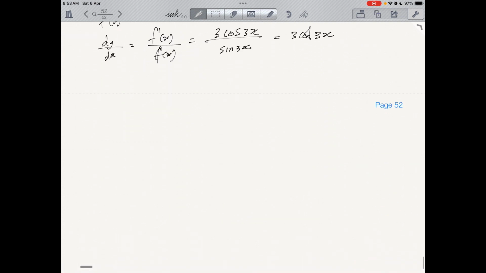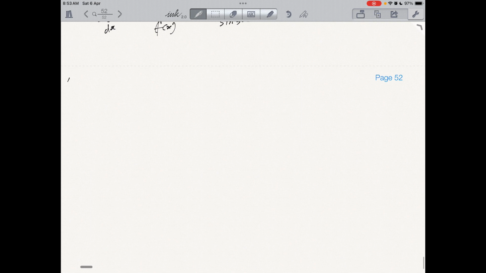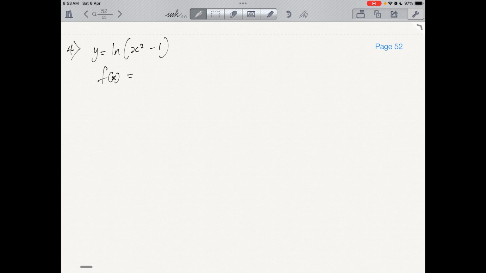Let's take two more examples. Question 4. We're given y is equals to ln(x squared minus 1). We understand that f(x) in this case is x squared minus 1, and differentiating this, we have 2x.